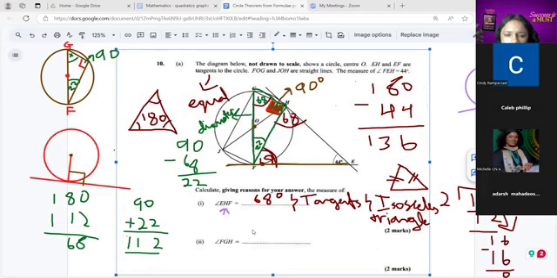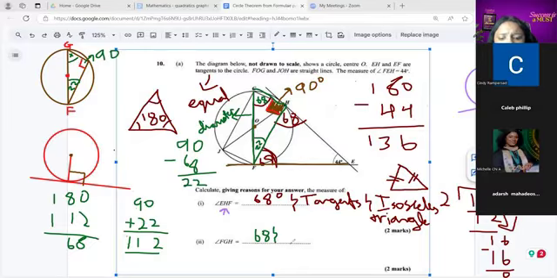Aha, these two are parallel. Okay. All right. So yeah, I don't have to take off everything, but the answer again is 68.